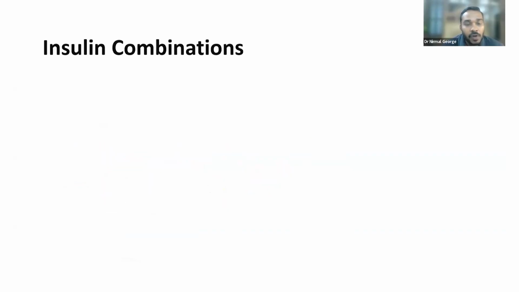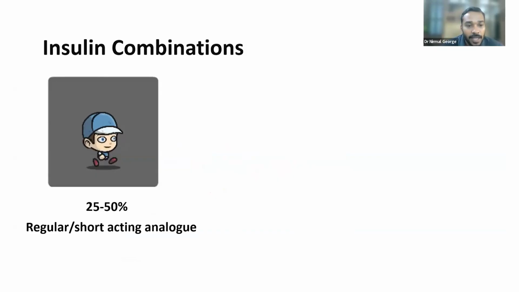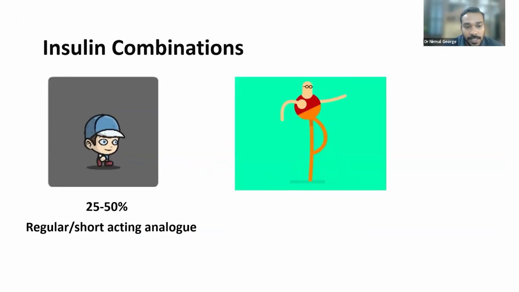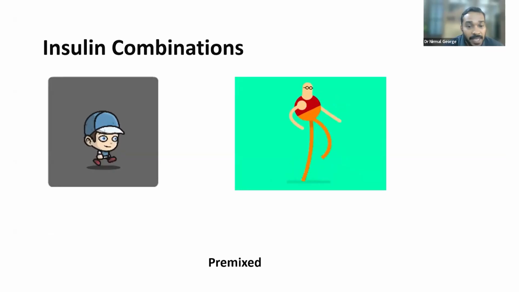So there is a combination of insulin that is available, which is called pre-mixed insulin. So you are mixing a short-acting insulin and a long-acting insulin. That is 25 to 50% of the insulin preparation will be regular insulin or short-acting analog, and 50 to 75% will be a long-acting insulin, NPH insulin. So this combination is called pre-mixed insulin.